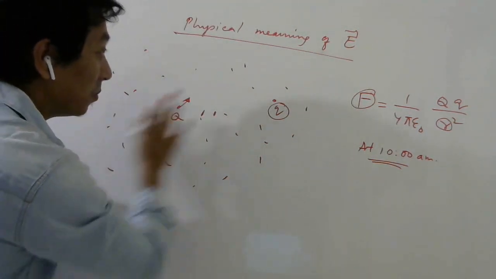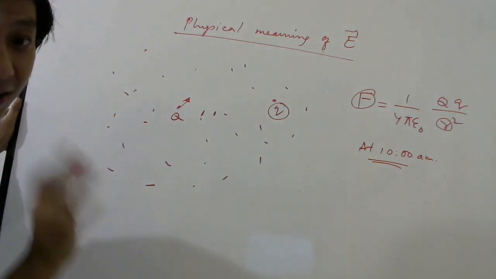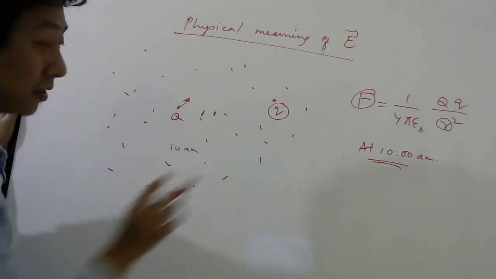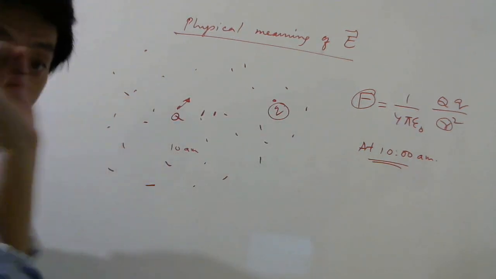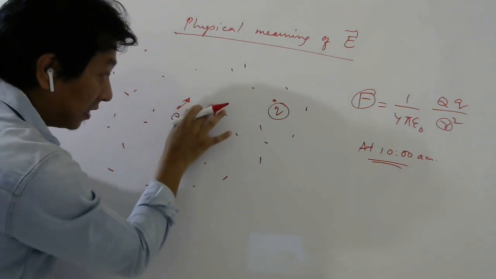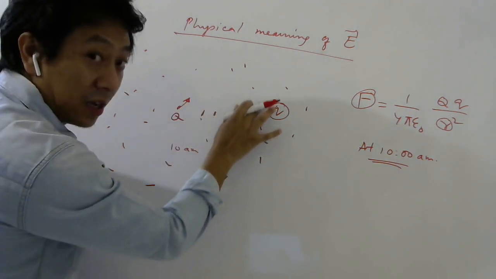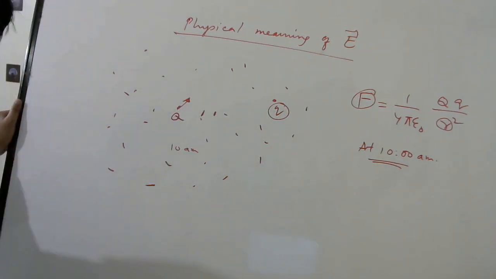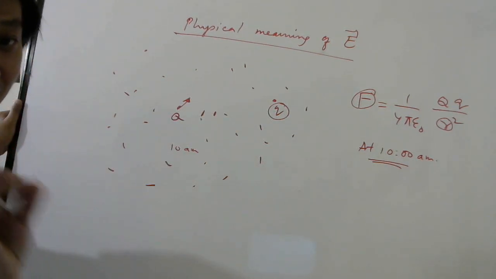So if you bring in the field concept, then if you move this at 10 o'clock, this will not feel a different force at 10 o'clock. Why? Because the changes in the electric field will travel with a speed, and that speed is 3 into 10 to the power 8 meter per second.